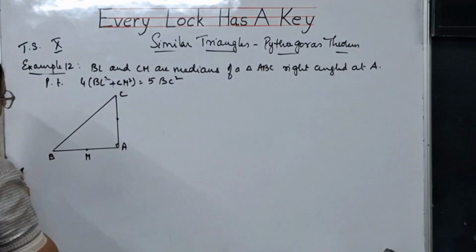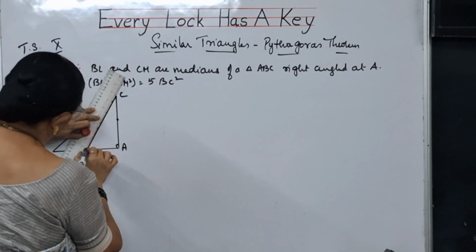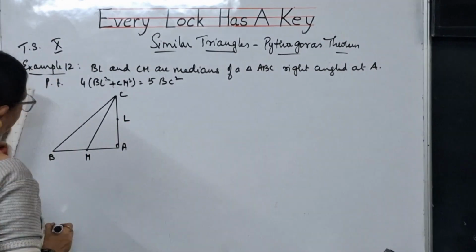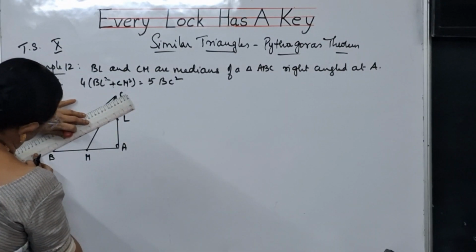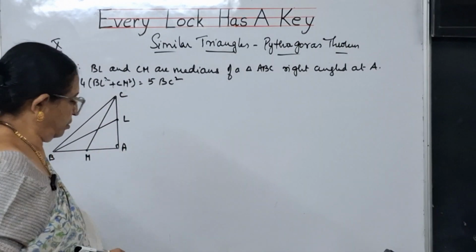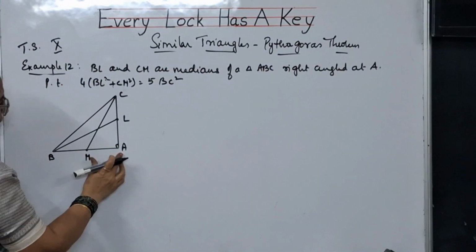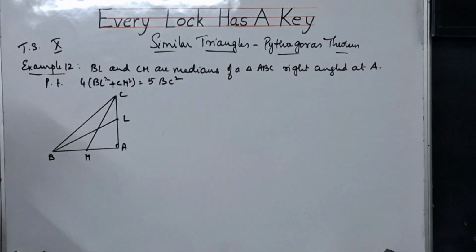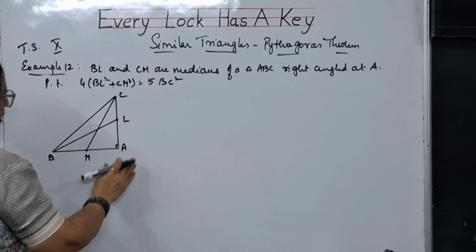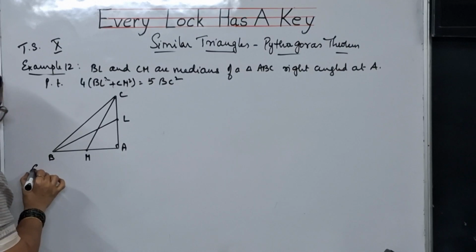So this is M, and if you join C and M, CM is the median. And if you take this as L, and join B and L, BL is the median. So you have got a triangle ABC, right angled at A, where CM is the median and BL is the median of triangle ABC.